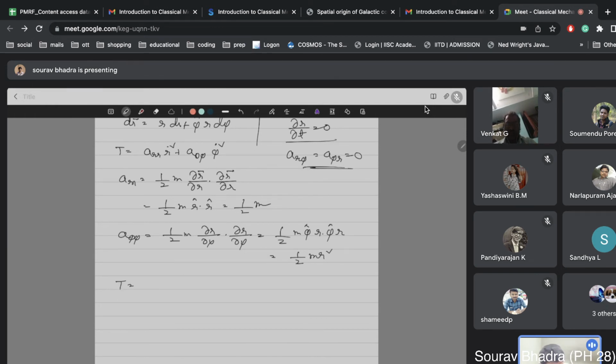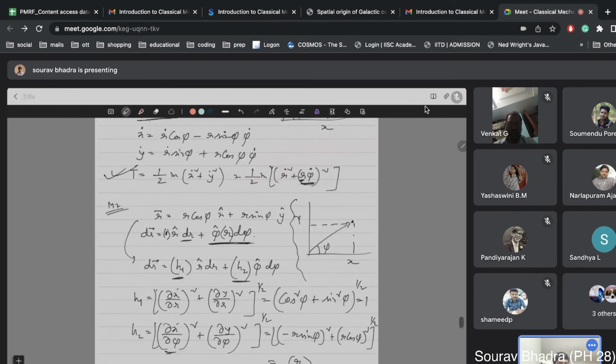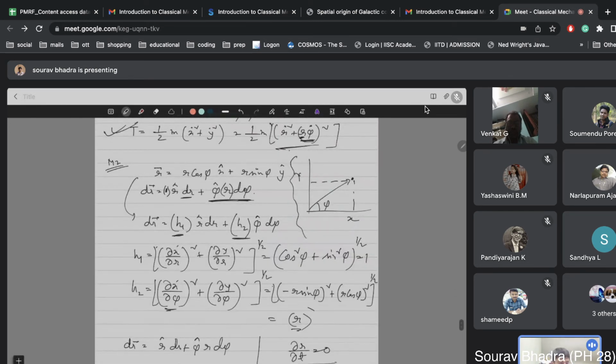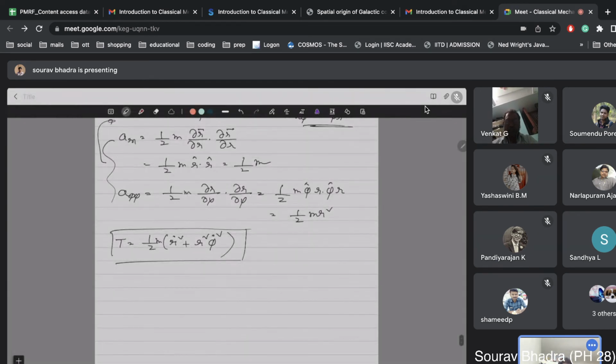Now if you put these two in this expression, that will give you half m r dot square plus r square phi dot square, which is exactly the same as this expression. So the main change will come due to this scale factor, this r, right. Okay, now this was the second thing.